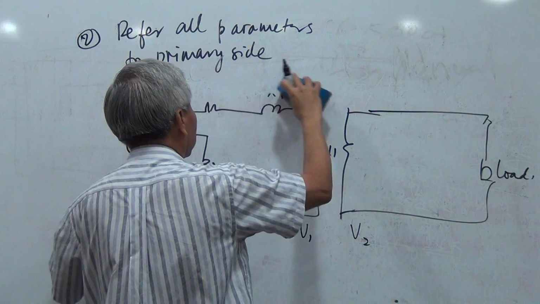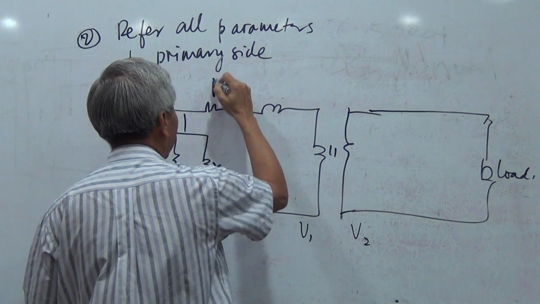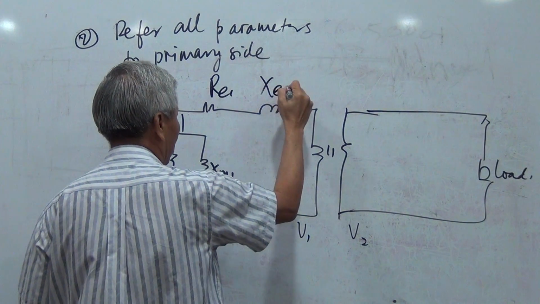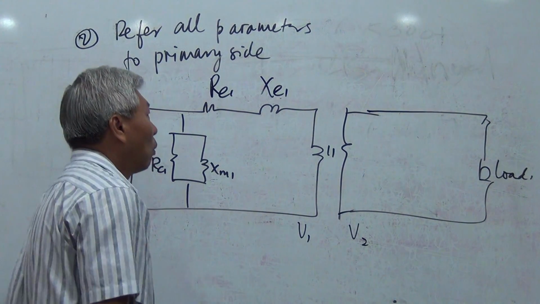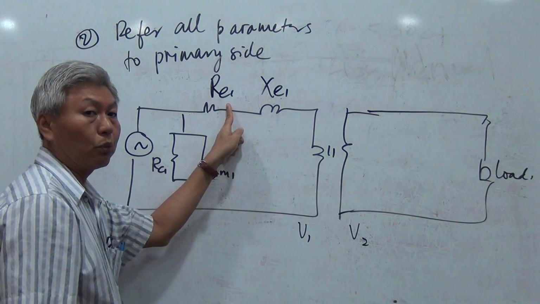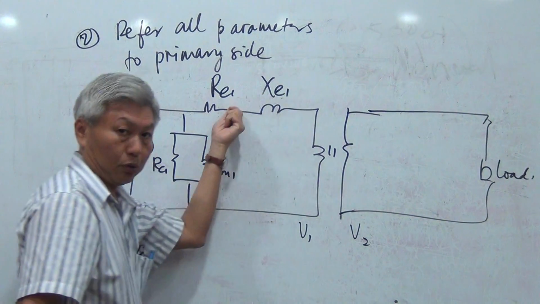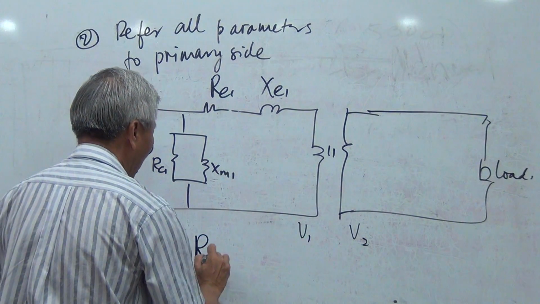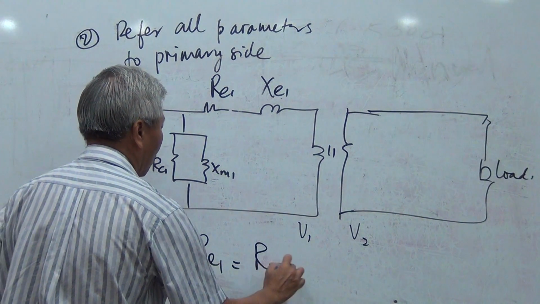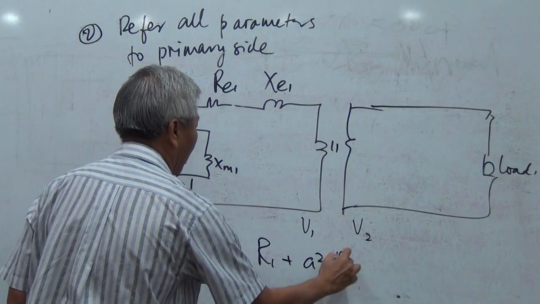So the equivalent values are then called RE1 and XE1. Okay, now what is in the RE1? RE1 would have the original R1 together with the adjusted R2. So RE1 is equal to R1 plus A square R2.